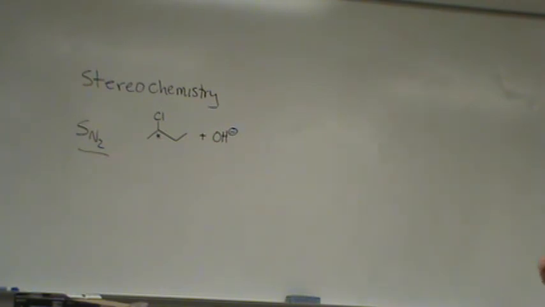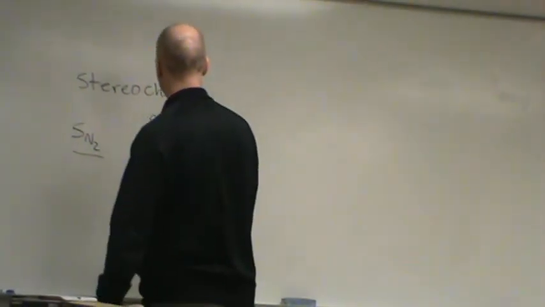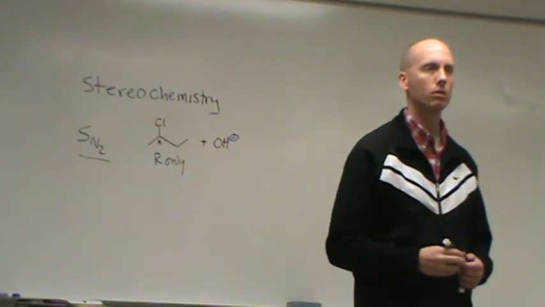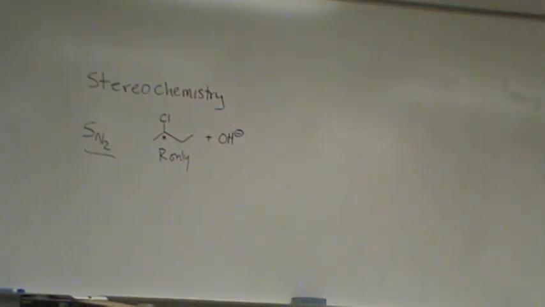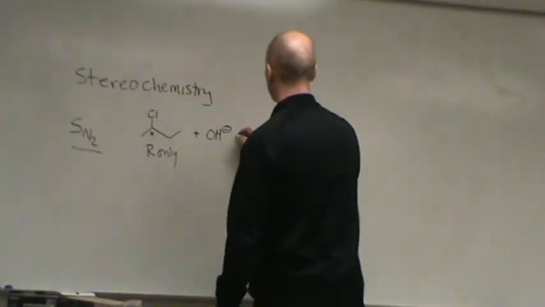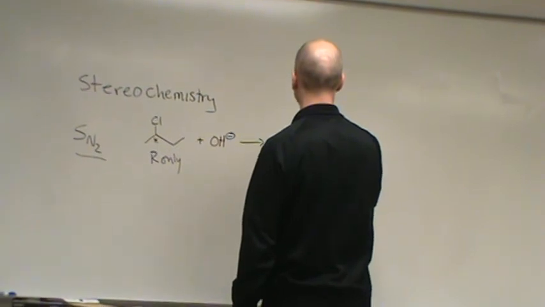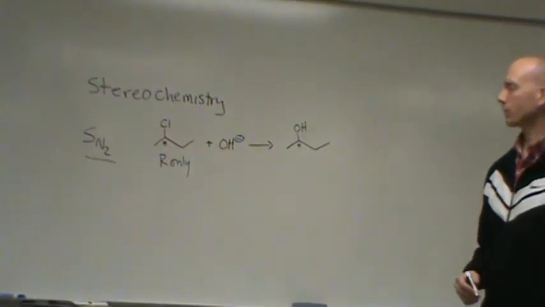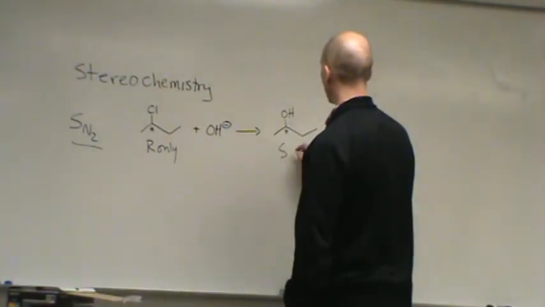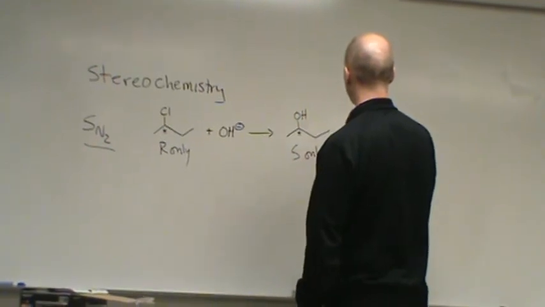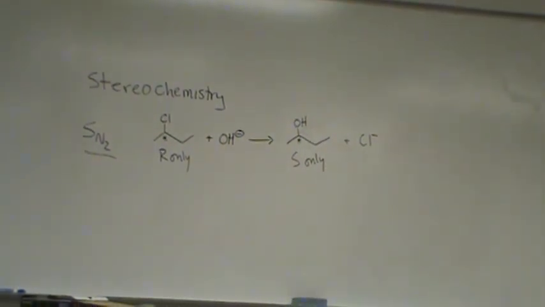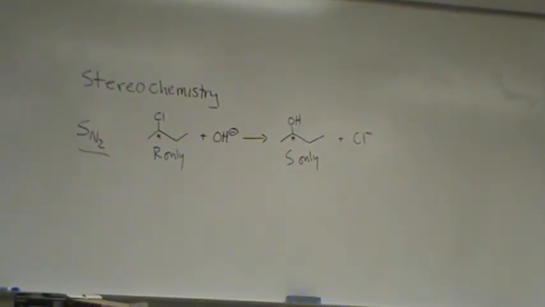And let's suppose that chiral carbon was R, the R enantiomer only. So it's 100% R. And after I did the reaction, note I still have the chiral carbon. But what I would find is that it would invert to the full S enantiomer.